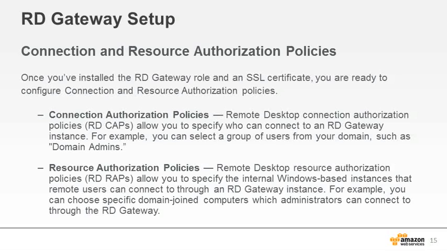This really comes down to the size of the environment and how much infrastructure you want to deploy. But for many production workloads, Active Directory gets pulled in at some point, and when it does, you have the ability to reference it through CAPs. Resource authorization policies are then the next layer, saying, okay, based on those users coming on, here are the resources behind the scenes they can connect to.